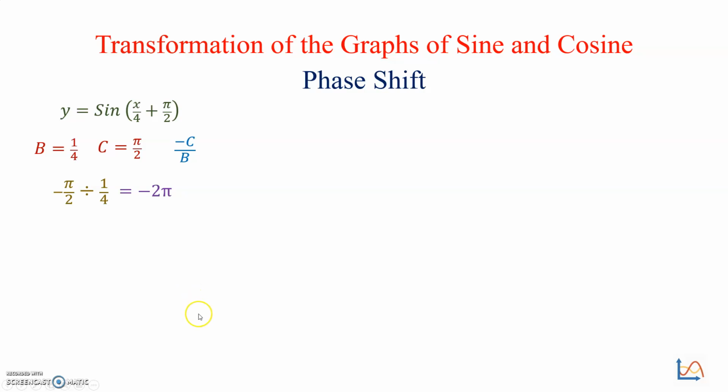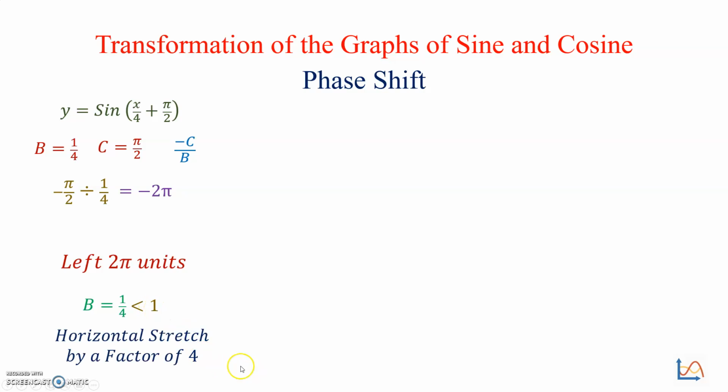So therefore, this is telling me the entire picture shifted left 2 pi units. Now, if I look a little closer, because the B is 1/4 and 1/4 is less than 1, we saw earlier that this will result in a stretch. And the vernacular is a horizontal stretch with a factor of 4.